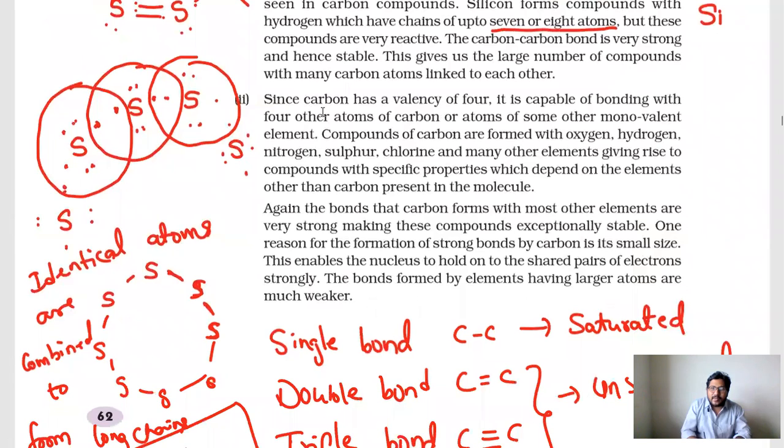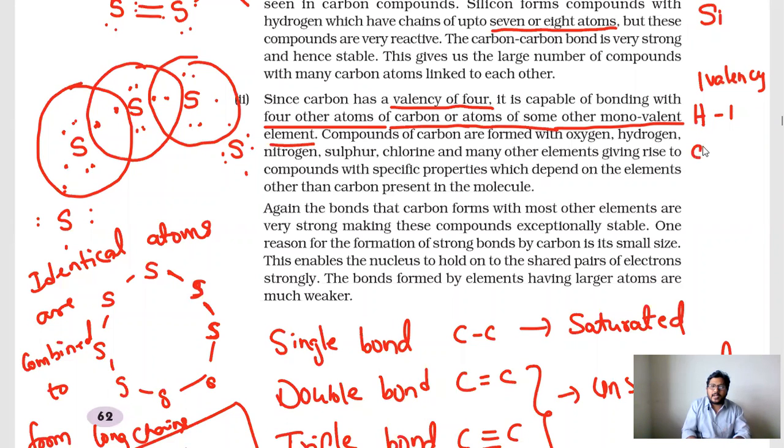Since carbon has valency 4, it is capable of bonding with 4 other atoms of carbon or atoms of other monovalent elements. What is a monovalent element? If there is one valency, it is known as monovalent. Example, hydrogen valency is 1, lithium valency is 1, but it will donate, so don't take lithium.